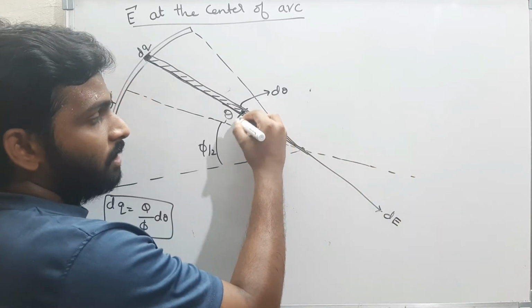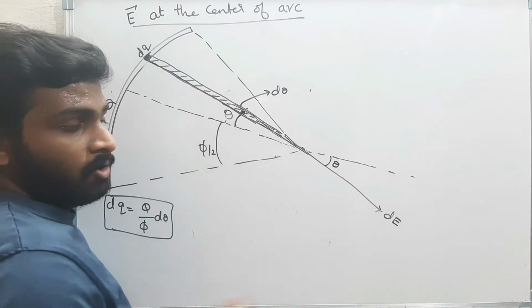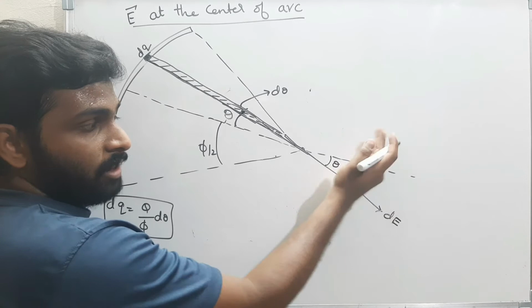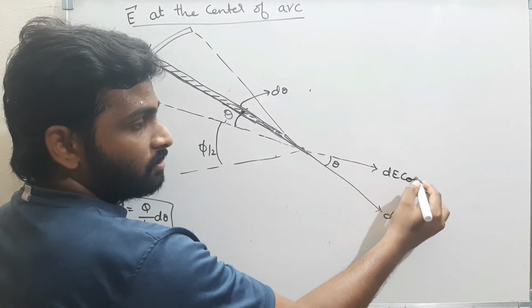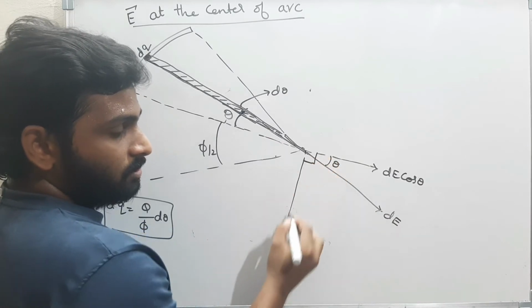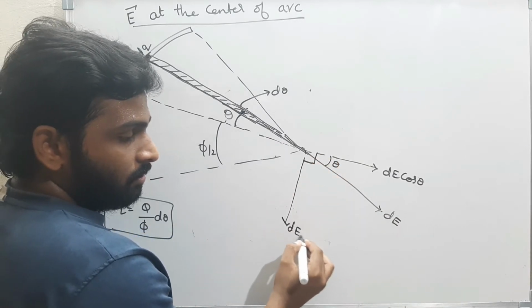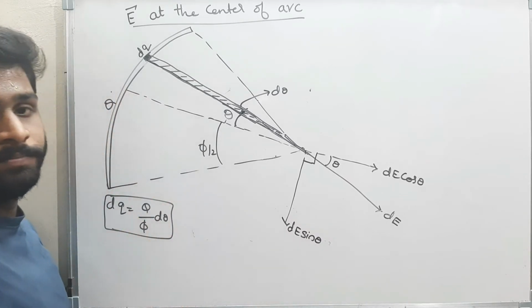If this line makes an angle theta, then here also the angle is theta. Now I am resolving this dE into two components: dE cos theta along the central line, and perpendicular to it dE sin theta.